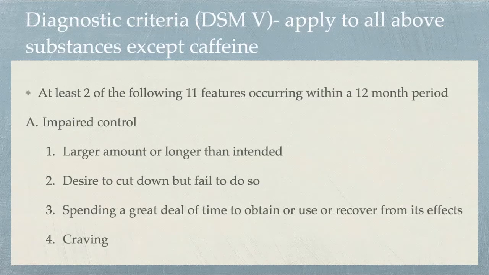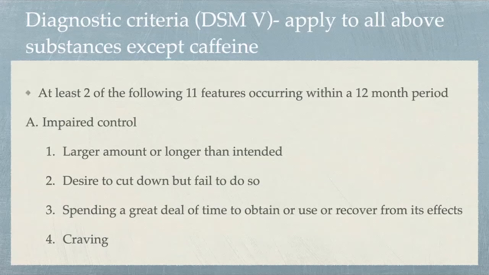Criterion 2, the individual may express a persistent desire to cut down but fail to do so. Criterion 3 is spending a great deal of time to obtain the substance, use the substance, or recover from its effects.